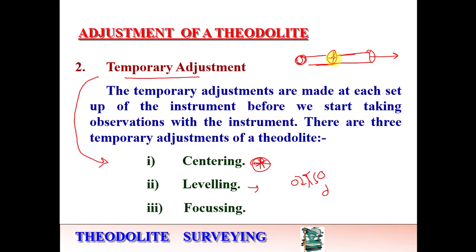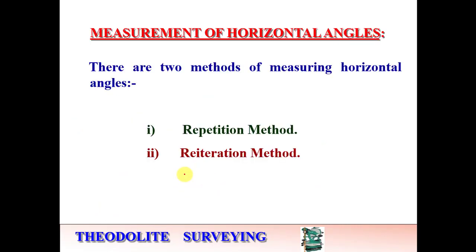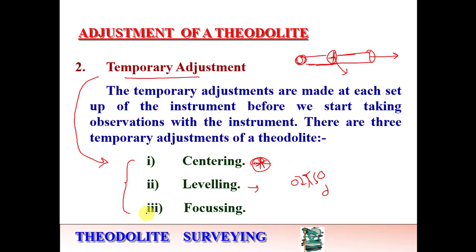That object must provide an image on your diaphragm. So this process is known as focusing. Whenever you are going to deal with a theodolite on site, you will always go with the temporary adjustment.